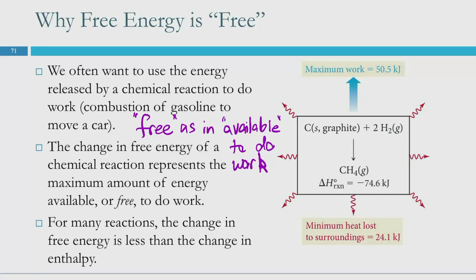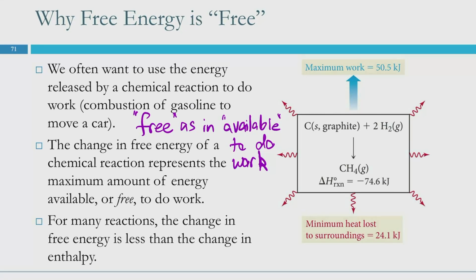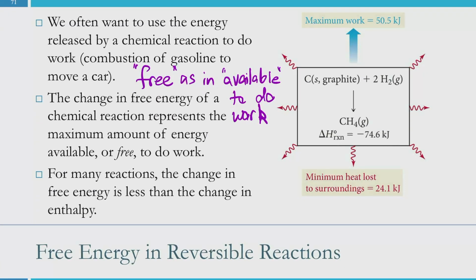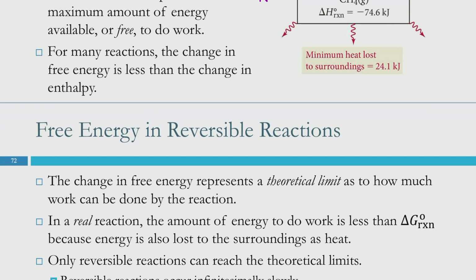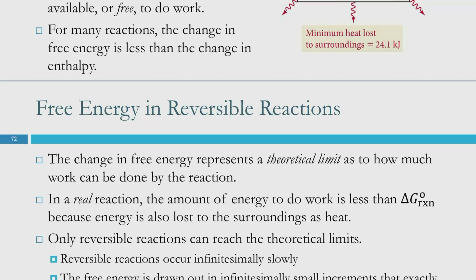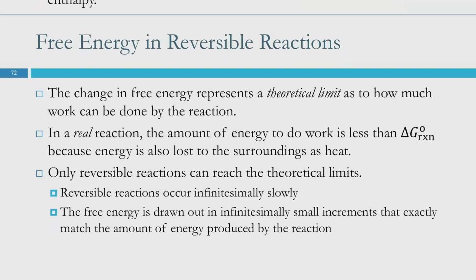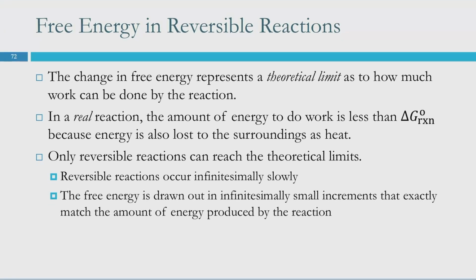So taking into consideration the amount of energy that we'll lose as heat. The change in free energy is a theoretical limit. So this is the same universe where chickens exist as point masses with no friction and they're perfectly spherical.